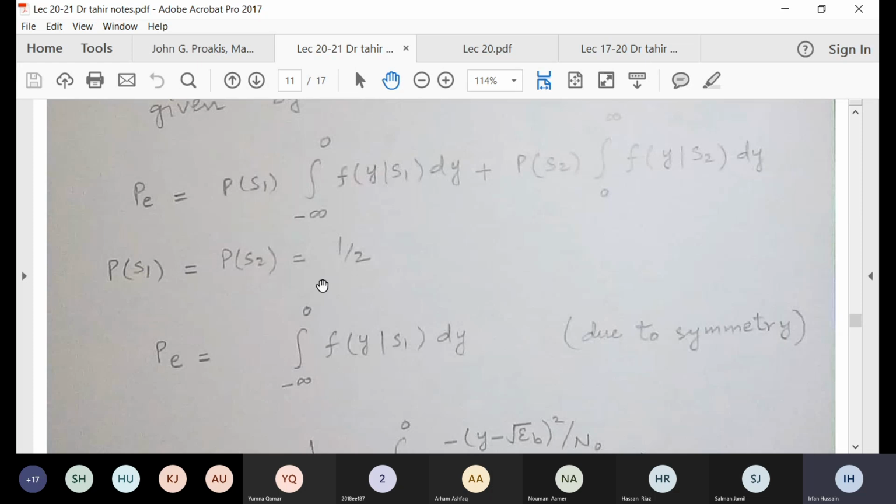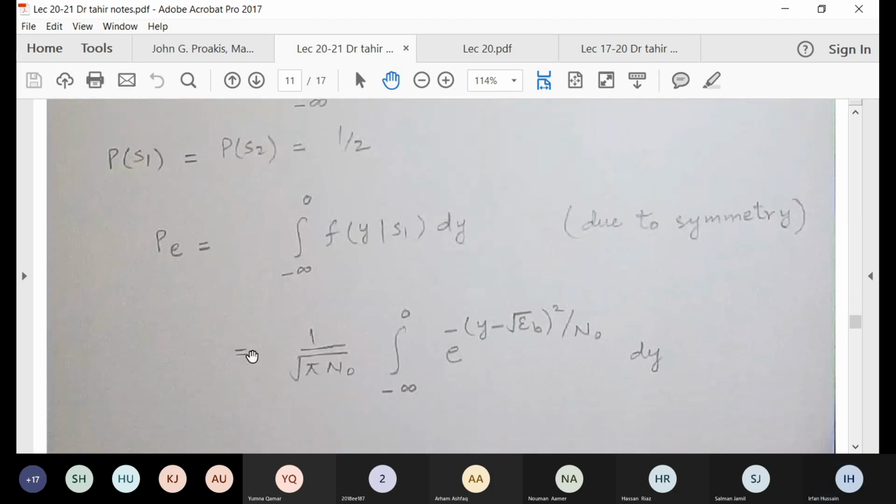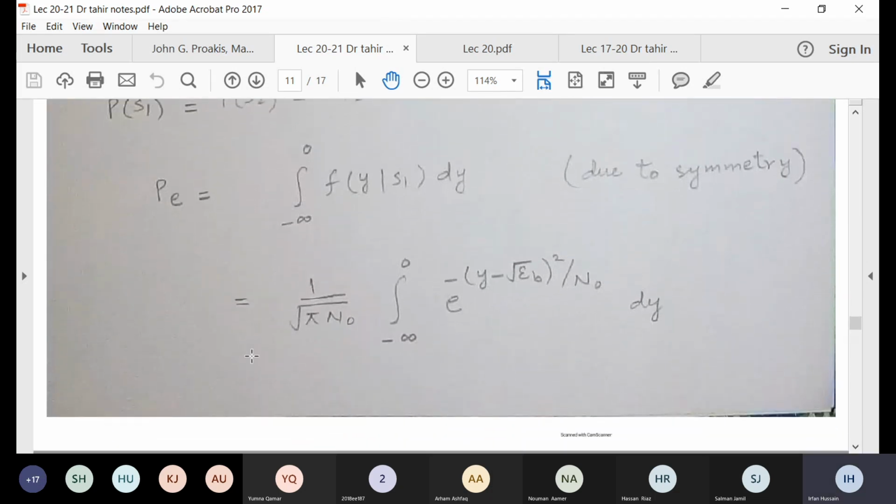I can write this from infinity to 0, or this is also right, and half plus half becomes 1. Now I can put the value of the function here, this function here.